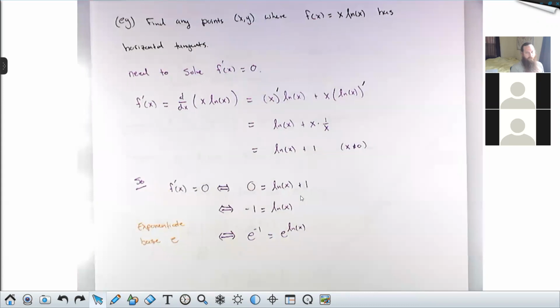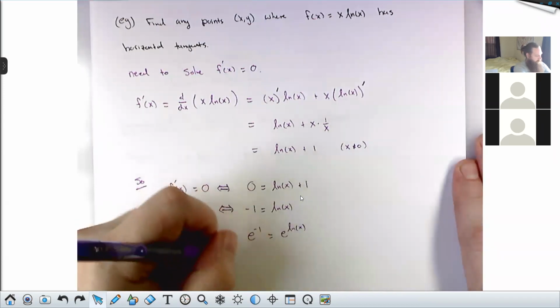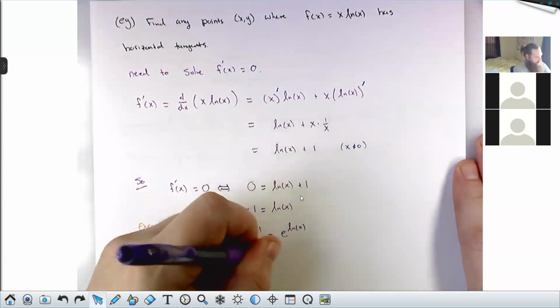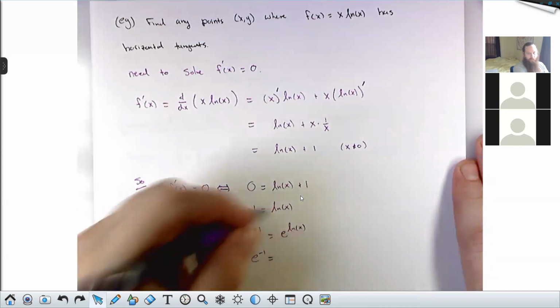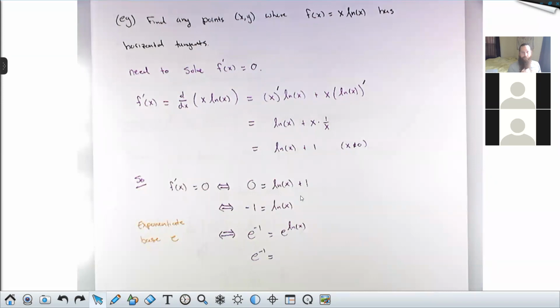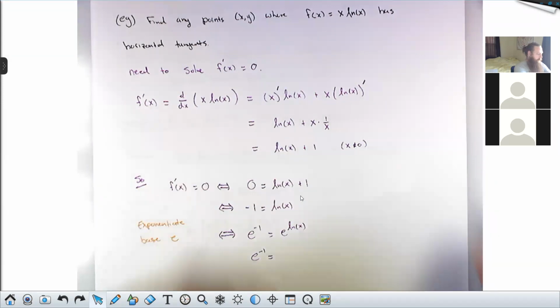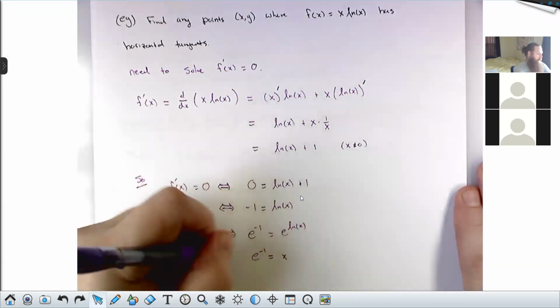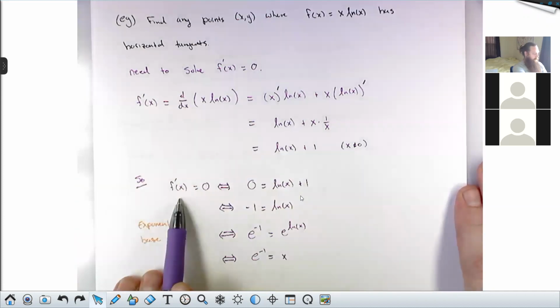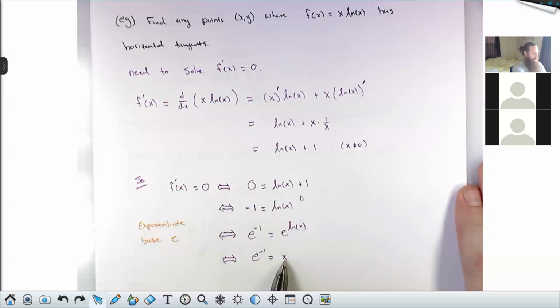Whatever the base of that logarithm is, in this case base e, because e to the ln of x is what? X. Just x. Very good. Okay, so we have victory. F prime is equal to 0 if and only if x is equal to e to the negative 1, or 1 over e.